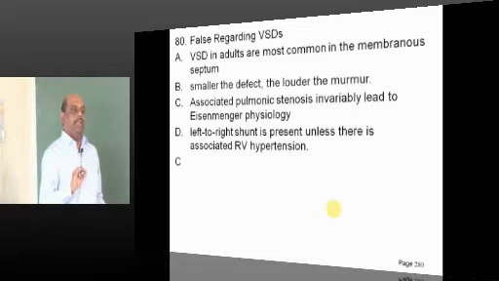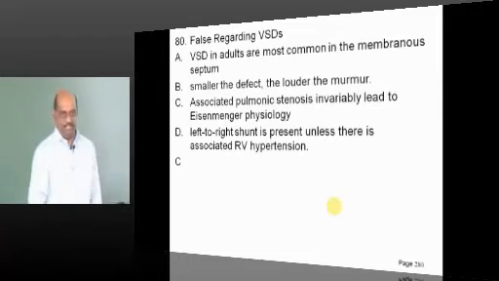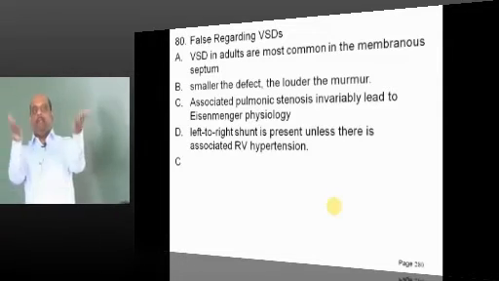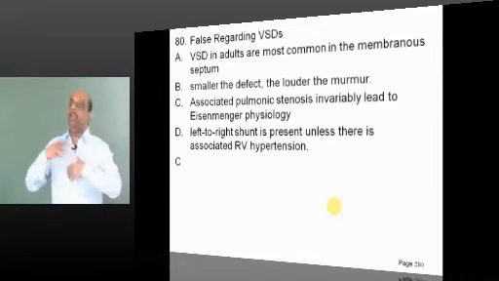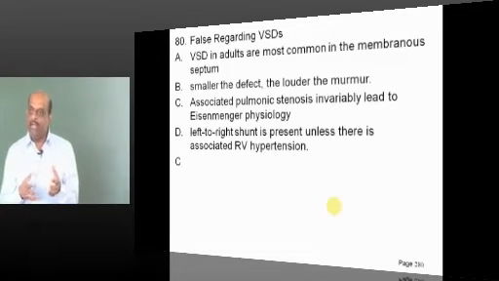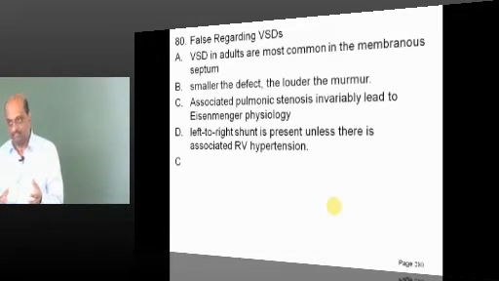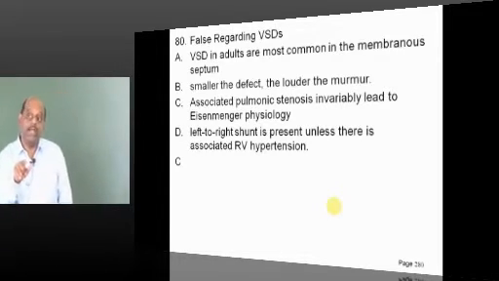Typically in VSD, why will there be pulmonary hypertension? Left to right shunt is there in VSD. Increased blood flow goes into the pulmonary vessels. Hence, over a period of time, there is development of pulmonary arterial hypertension, because the lung is flooded with blood due to VSD. If pulmonary stenosis is there, what will it do?